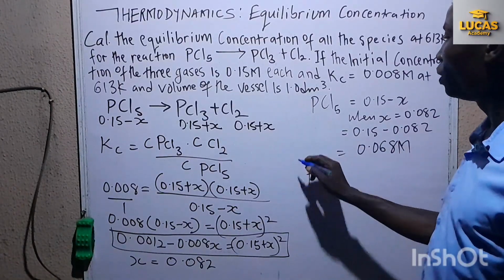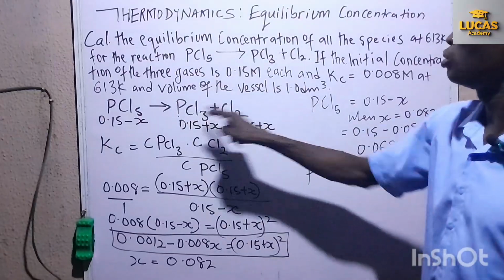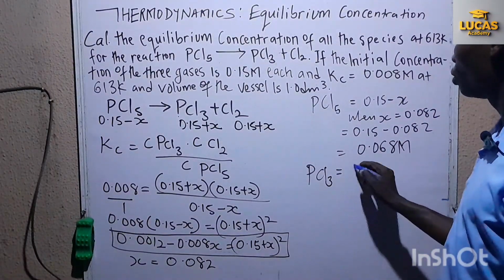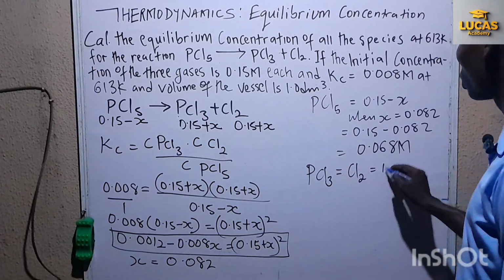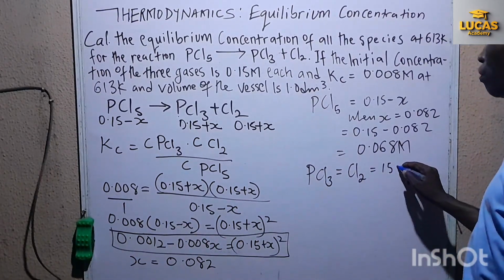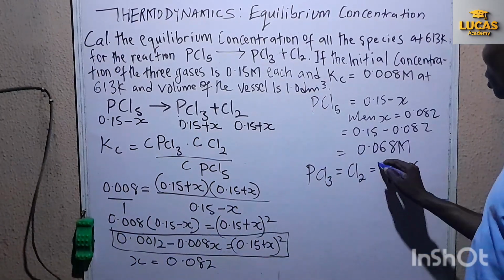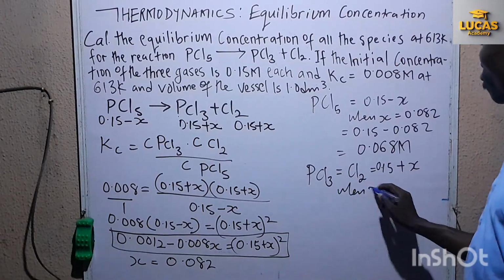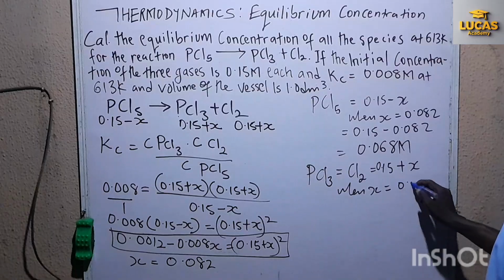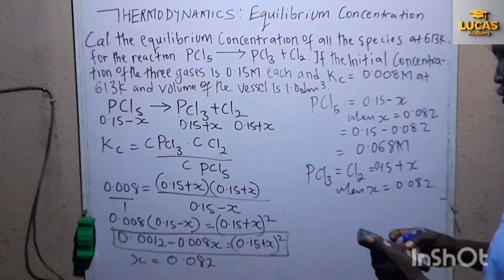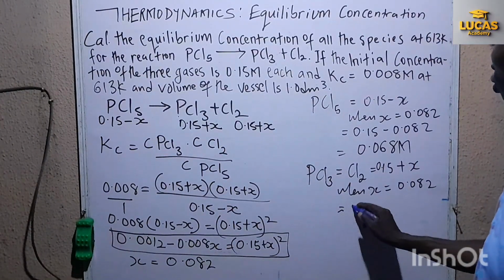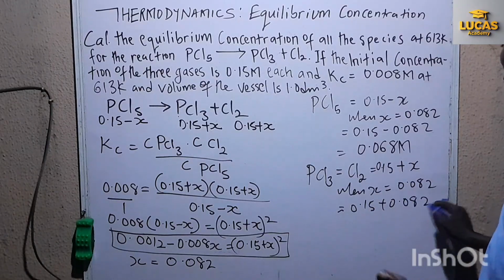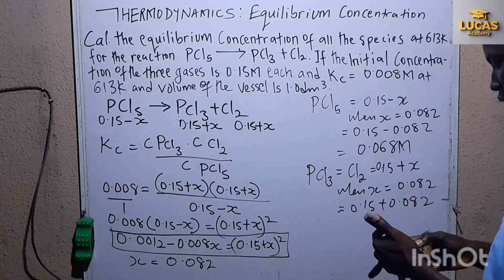Okay, now it should be noted that this one and these two here, they are the same thing. That means PCl3 is equal to Cl2, which is equal to 0.15 plus x. So when the value of x equals 0.082, what are you going to have here? You are going to have 0.15 plus 0.082. So what will that give you?